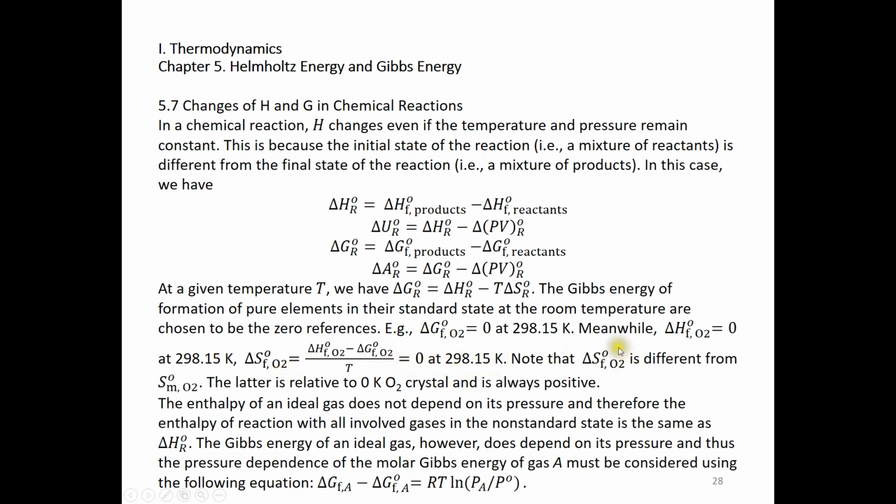And note that the standard entropy of formation of oxygen is different from the absolute value of the molar entropy of oxygen with 1 bar pressure. The former is relative to pure elements at room temperature. The latter is relative to 0 Kelvin oxygen crystal. So major differences.